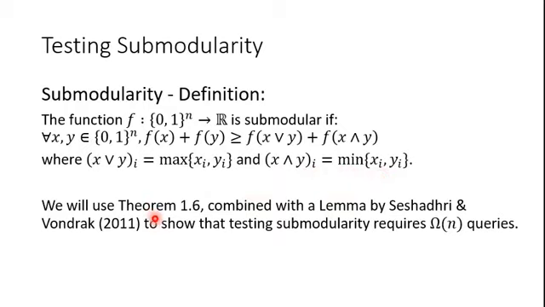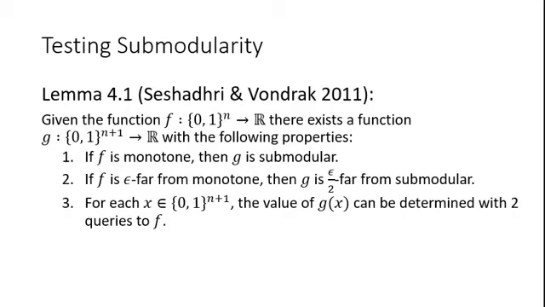So we will use theorem 1.6 that we just saw, along with a lemma from the literature, to show that testing submodularity requires omega of n queries. We will present lemma 4.1, which we will be using. Again, this is a lemma from the literature. Given the function f from {0,1}^n to the real numbers, there exists a function g from {0,1}^(n+1) to the real numbers with the following properties.